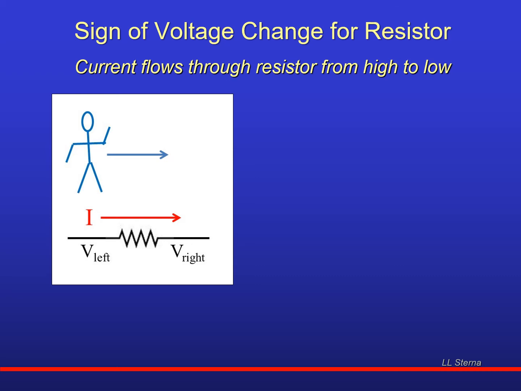Therefore, the change when you go from left to right, we said delta V will be V right minus V left, will be negative. You're walking with the current. It means you're going from high to low. So the change, the later minus the earlier, is negative because you go from a higher to a lower point.